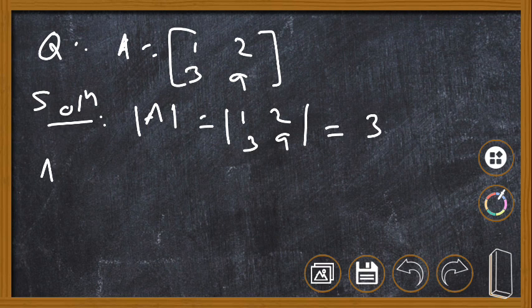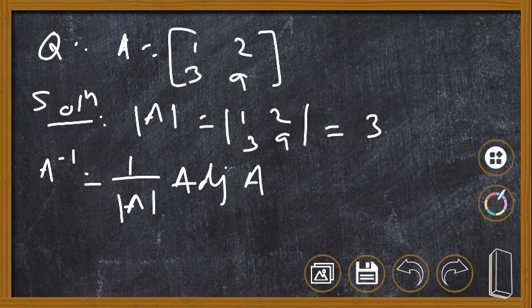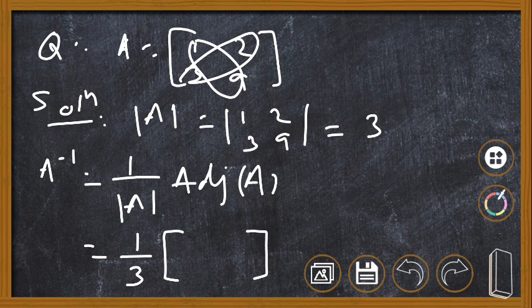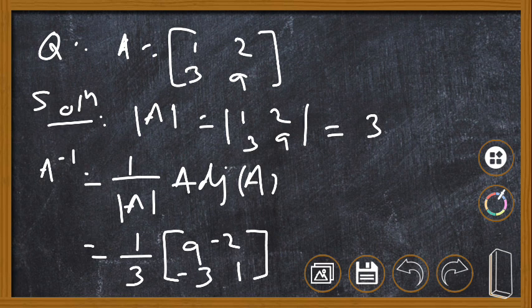Then A inverse will be 1 by determinant of A into adjoint of A, so 1 by 3 into adjoint of A. You exchange these elements and change the sign of these elements. If I exchange, this will be 9 and 1, and this will be minus 2 and minus 3. Clear? So this is how we find the inverse of a 2 cross 2 matrix.